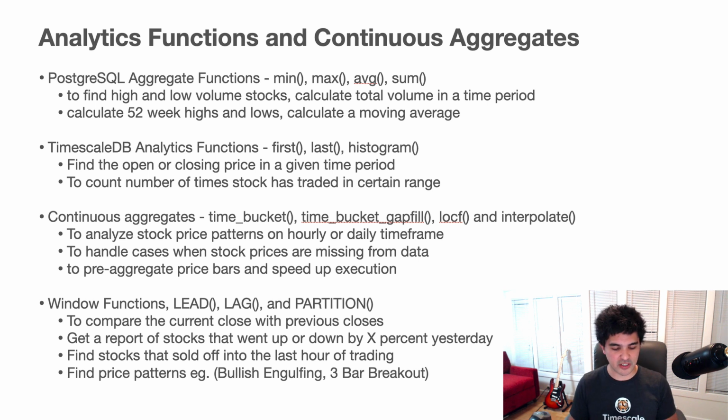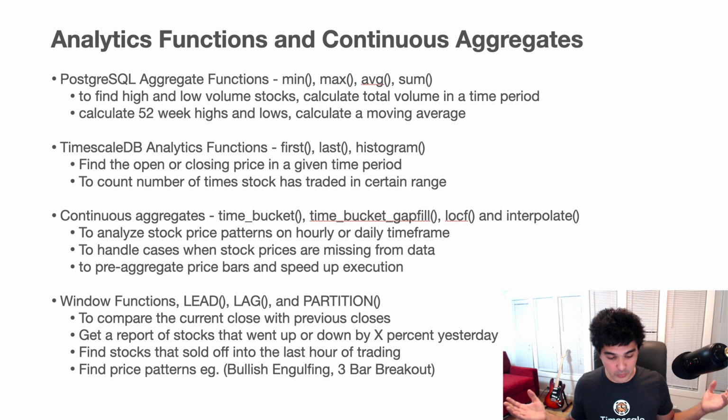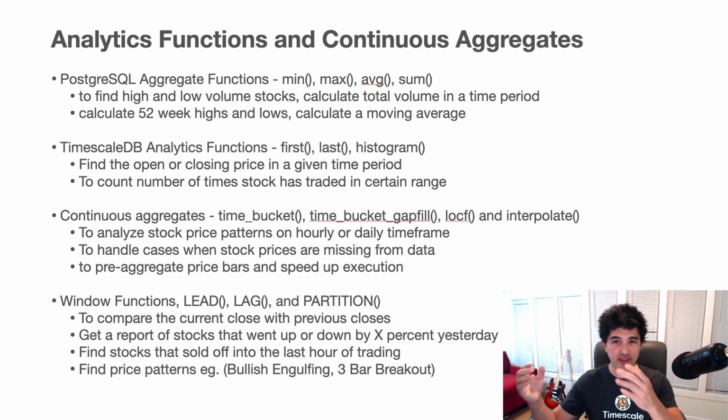And then finally, I'm going to talk a bit about window functions, including lead, lag, and partition. And this is very useful for comparing a current row or a certain row of data against previous rows. One way that might be useful is you might want to look at all of the stocks that are up and down by a certain percent since yesterday or in the last week. Maybe we want just a report of that.